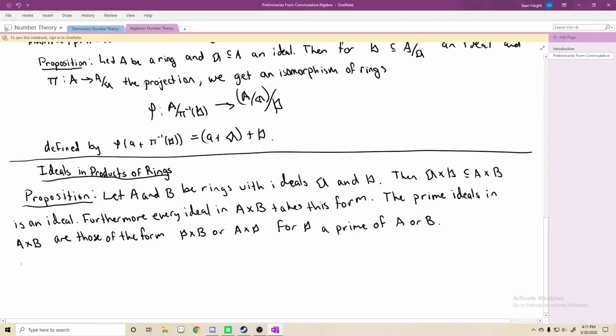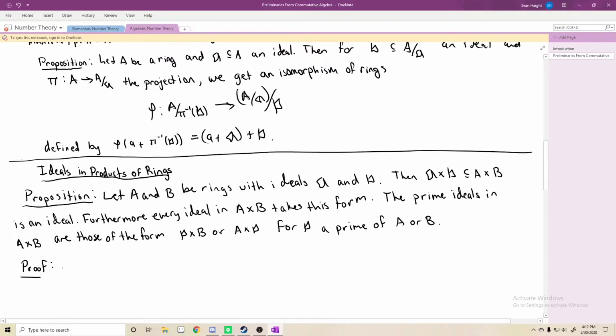Okay, so I want to prove this proposition. I'm not going to prove every detail of the proposition. Some of these pieces are straightforward exercises in ring theory. I'll say a couple words about each piece of the proof, but I'm not going to prove every piece in detail.